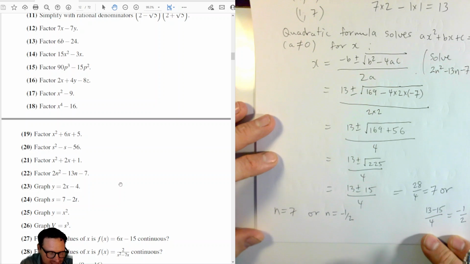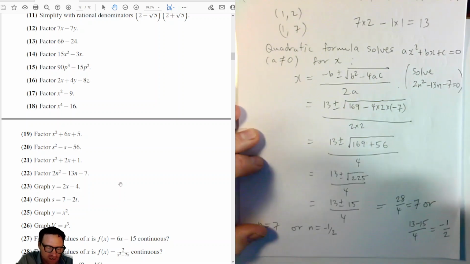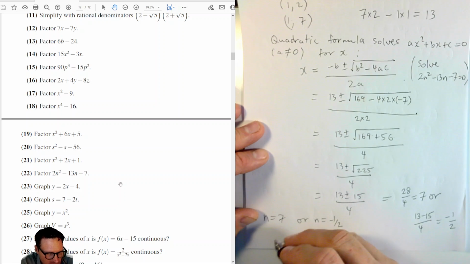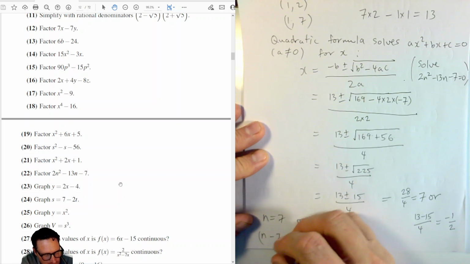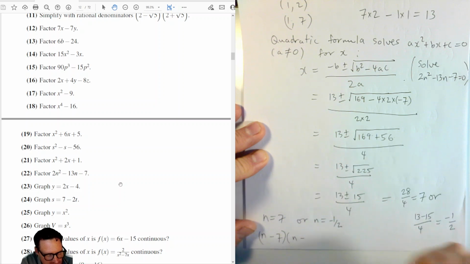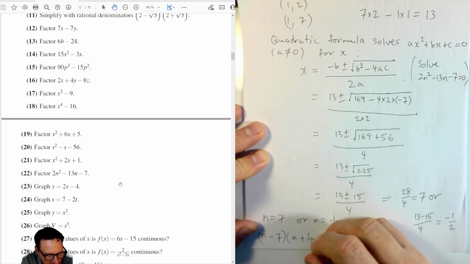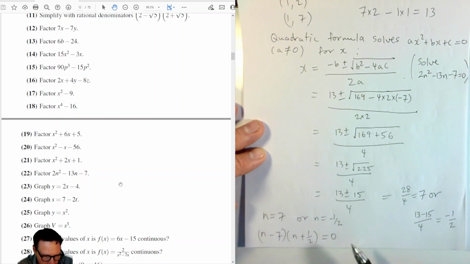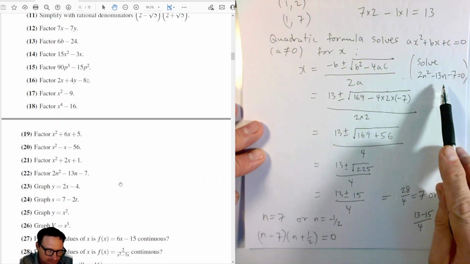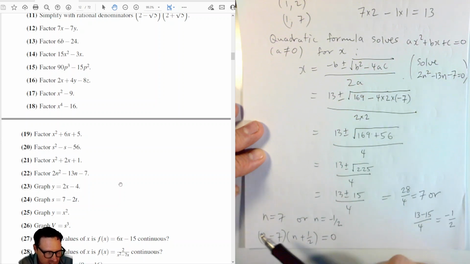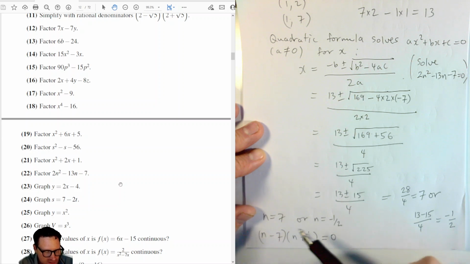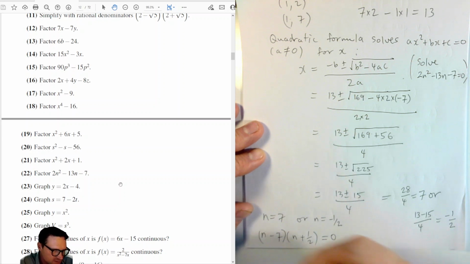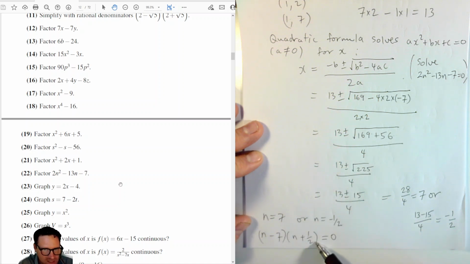Okay, so we put these together because when we have a root of a polynomial, we also have a factor of a polynomial. So n minus 7, n minus a half, which is plus a half, equals 0. Now that's not quite what we have here, because we need some constant in front so that we can get integer coefficient linear factors.